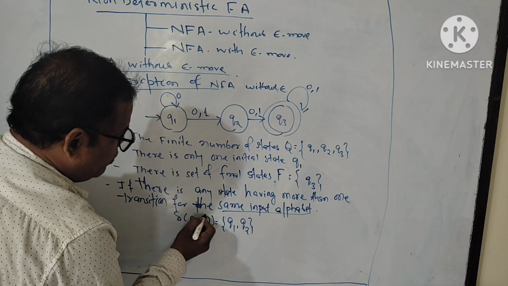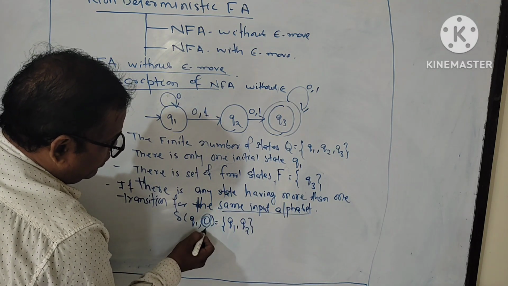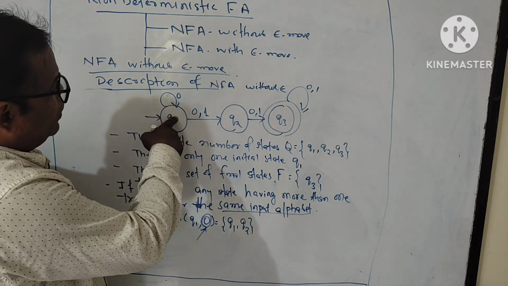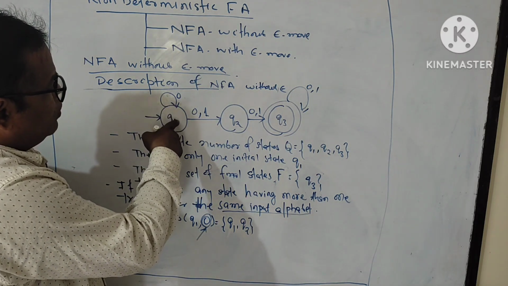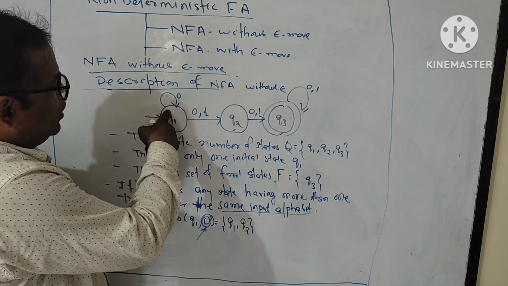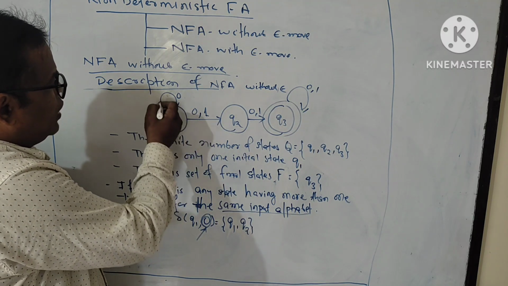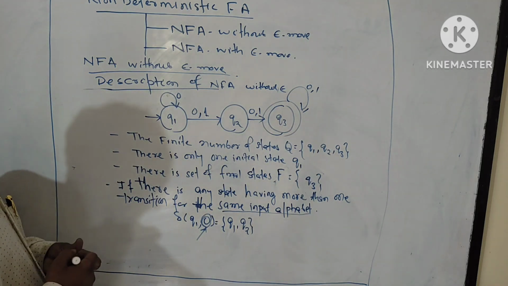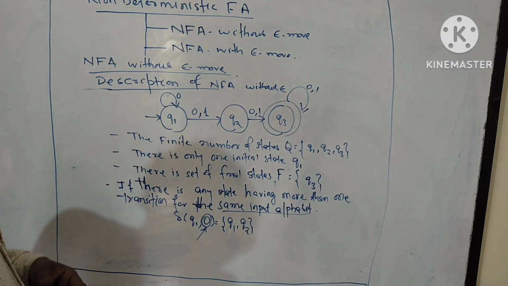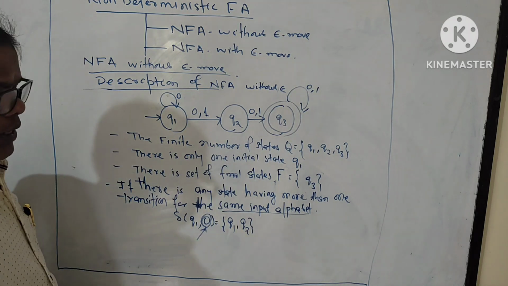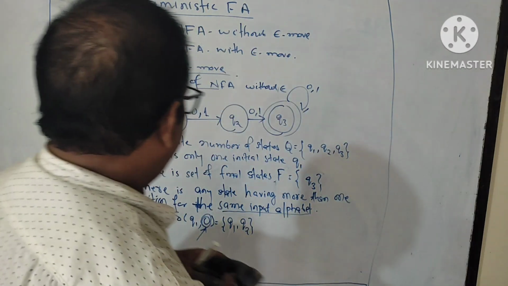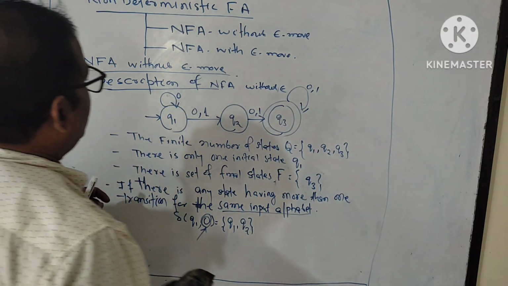So what is the same input alphabet here? This is called 0. For 0, there are two transitions. Here is one edge, another edge. It holds good the properties of the NFA without epsilon.